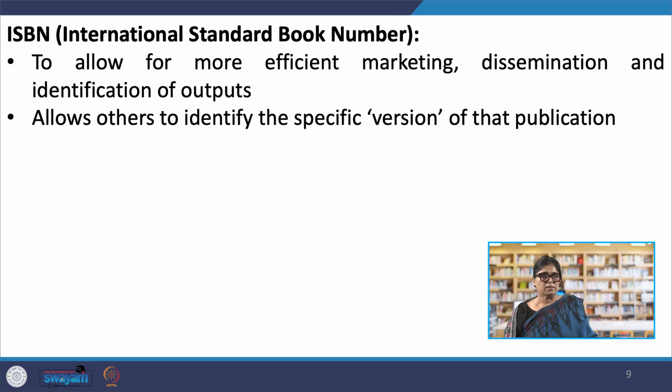ISBN is the International Standard Book Number. There is no legal requirement for a book or monograph to have an ISBN. It is primarily to allow for more efficient marketing, dissemination, and identification of outputs by universities, authors, libraries, booksellers, wholesalers, and distributors.